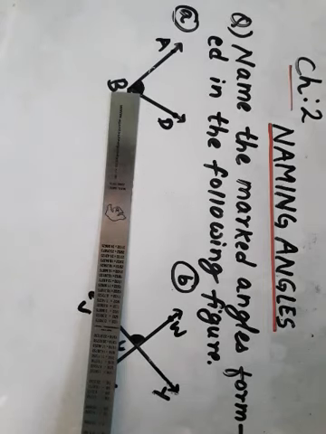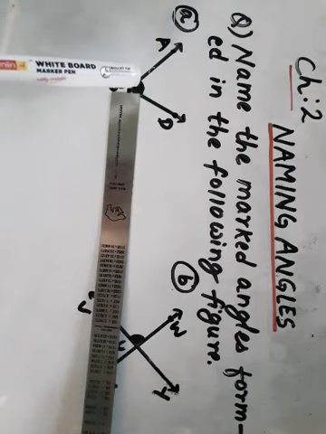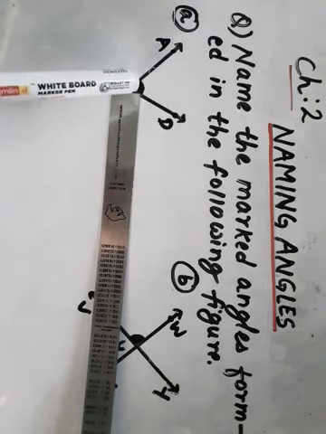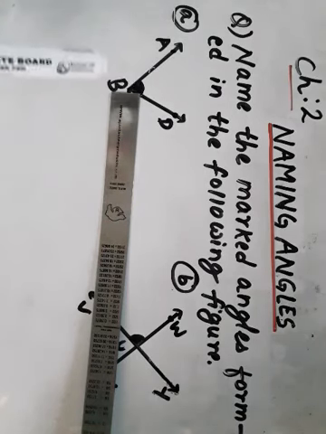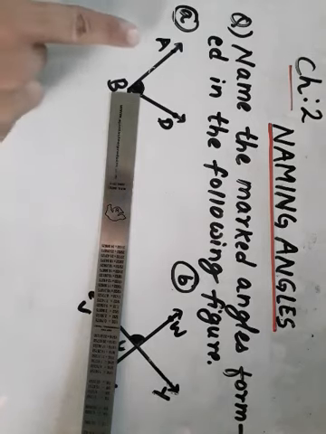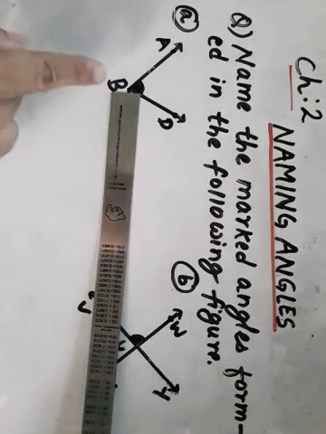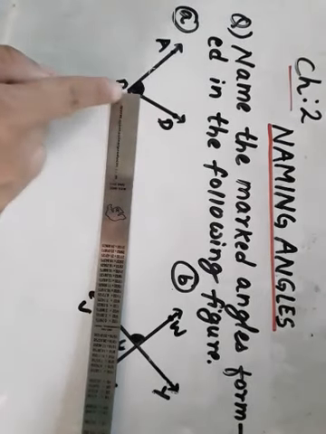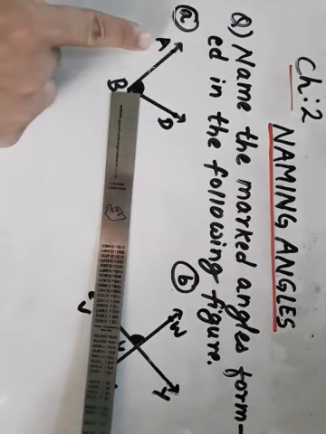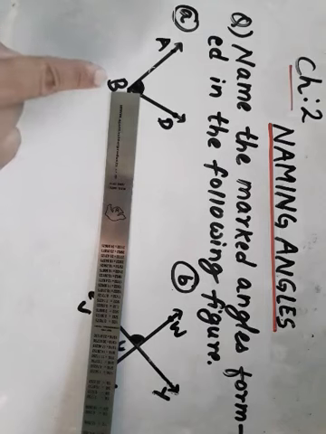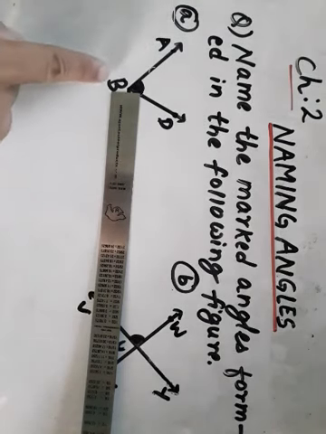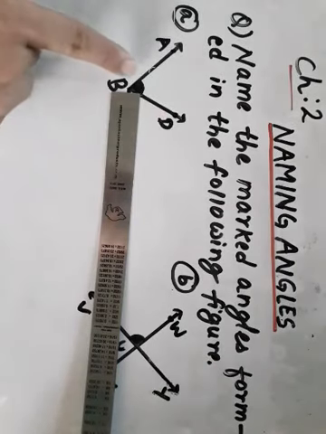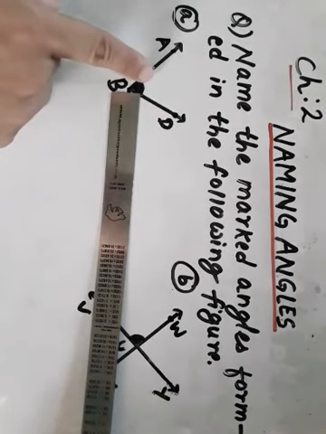If you see, this marked angle has been formed with the help of two arms, that is your AB arm and BD arm. Your one arm is AB and another arm is BD. With the help of the two arms AB and BD, this angle has been formed.